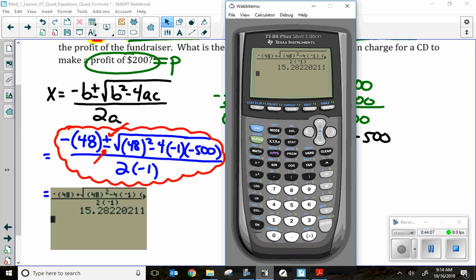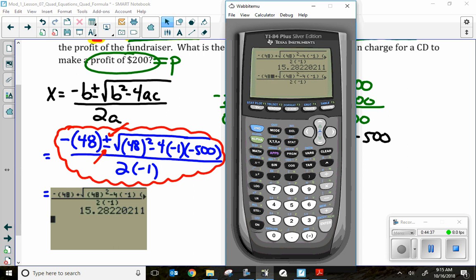So instead of rewriting this whole thing, I'm going to go up here, and I'm just going to hit enter. That will put exactly what I have typed up. It saves me the work. Only thing I need to do is change my plus to a minus. I got to go here, in front of my square root. In front of my square root, it used to be a plus.